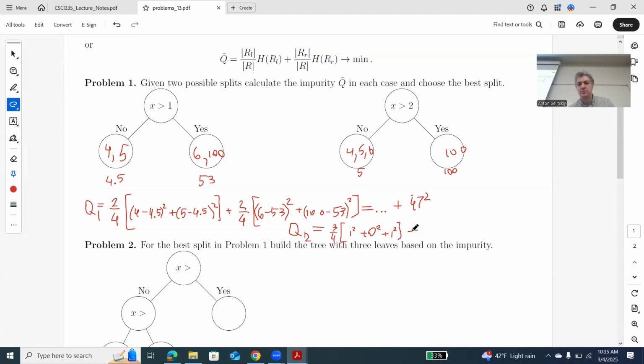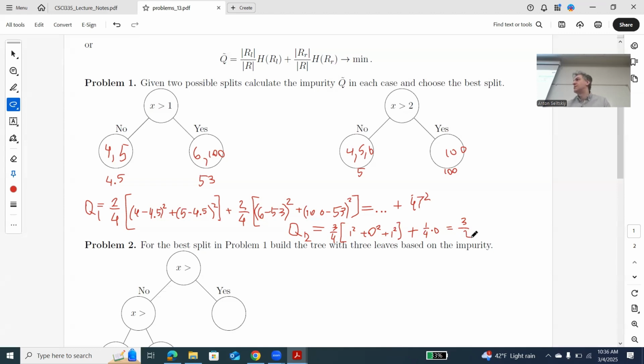Plus, what will be the sum of squared residuals for the second node? 0, 0. 100 minus 1. And it will be what? It will be 3/2, the final answer.